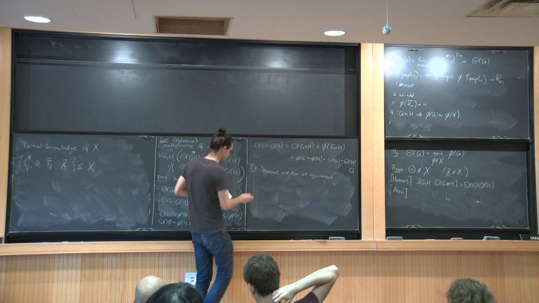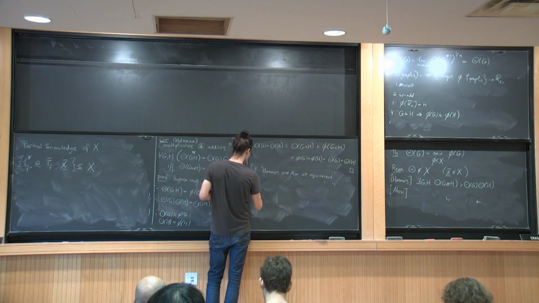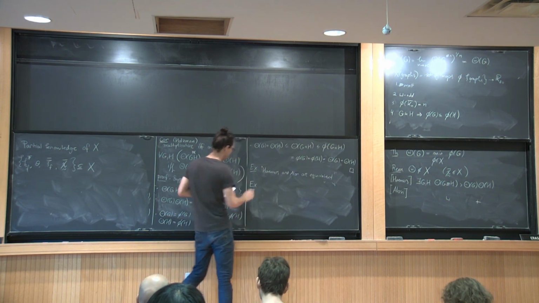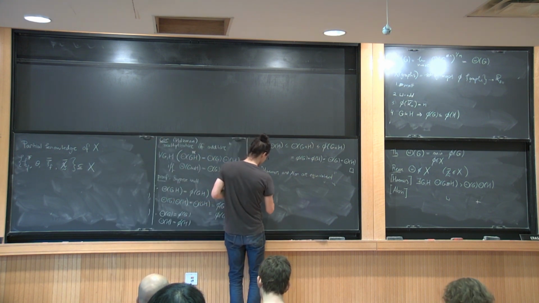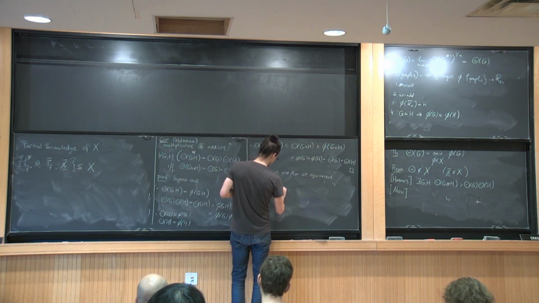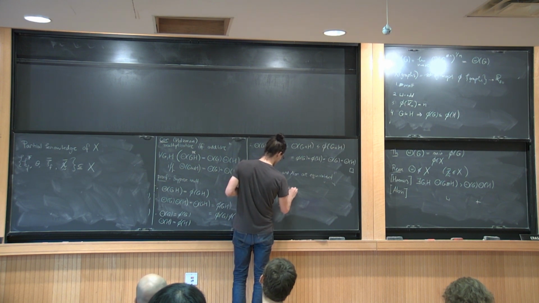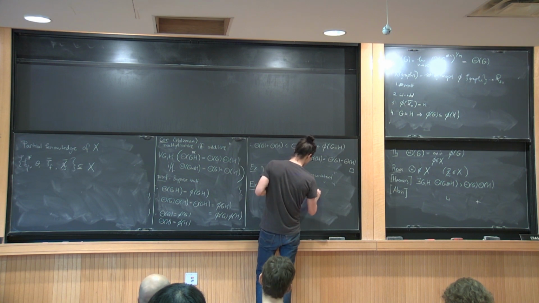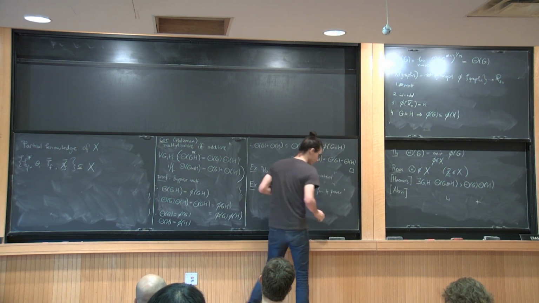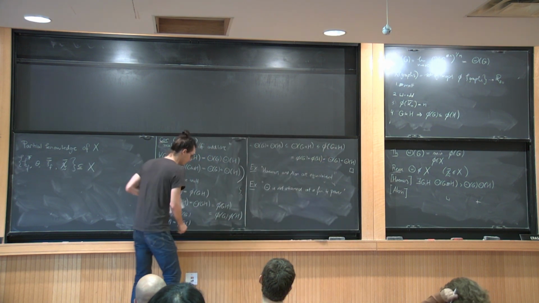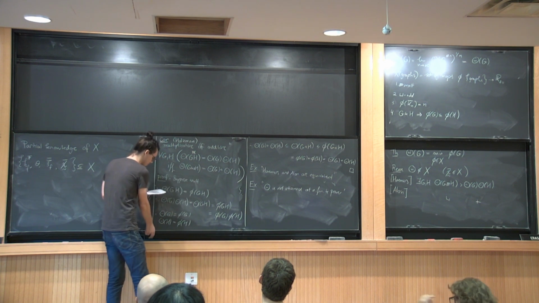And another example I'd like to mention is that the Shannon capacity is not attained at a finite power, in general. This is well known. I'm just giving it as a nice example.